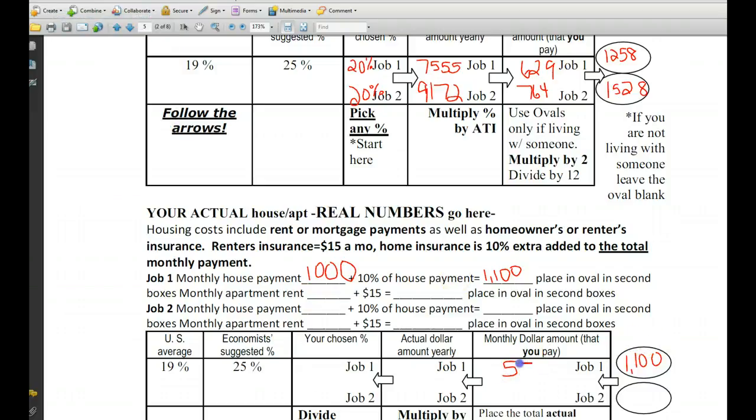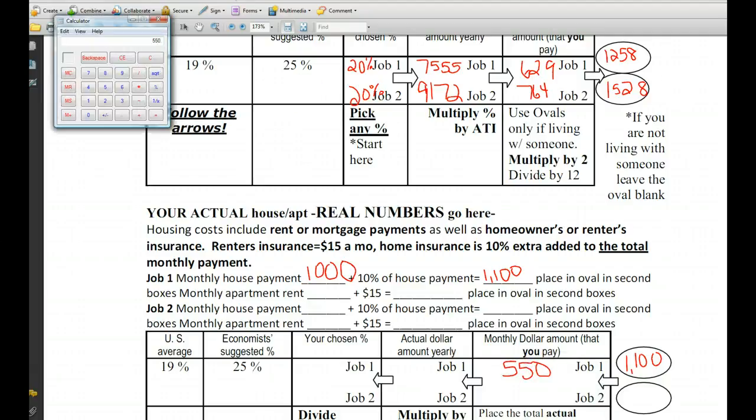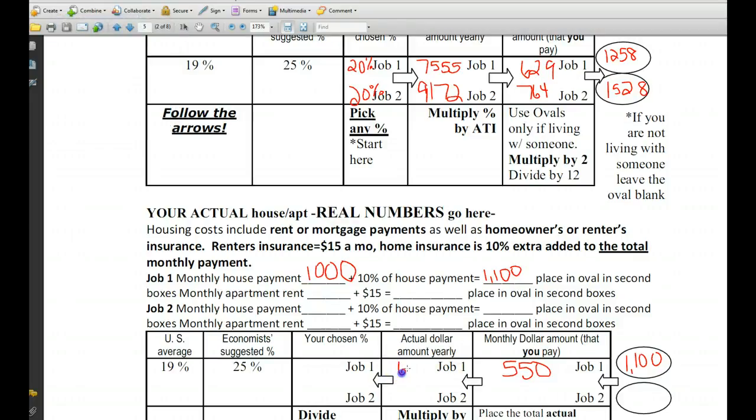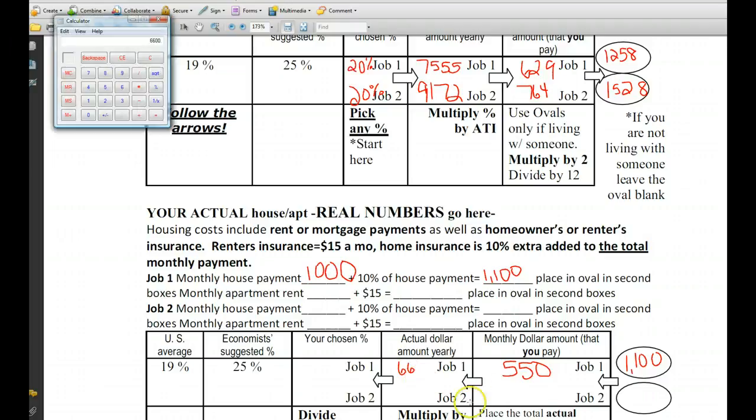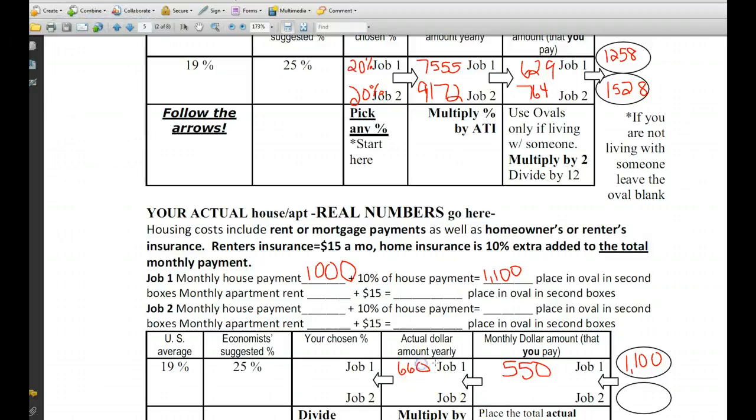That's what I pay a month. Then I'm going to times this by 12, 550, to give me my yearly amount. So 6,600.